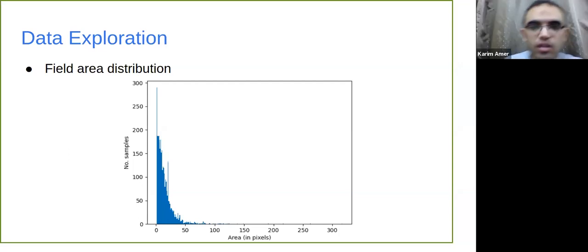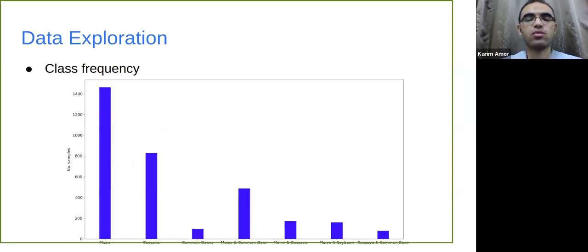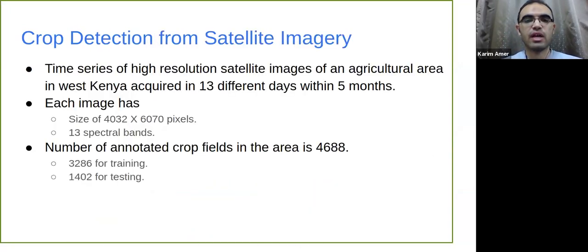At first I have 13 different images, and each image has 13 spectral bands. So I construct a large 4D matrix for all of this and keep concatenating all of them. It's like a nested loop on the time steps and all the spectral bands.